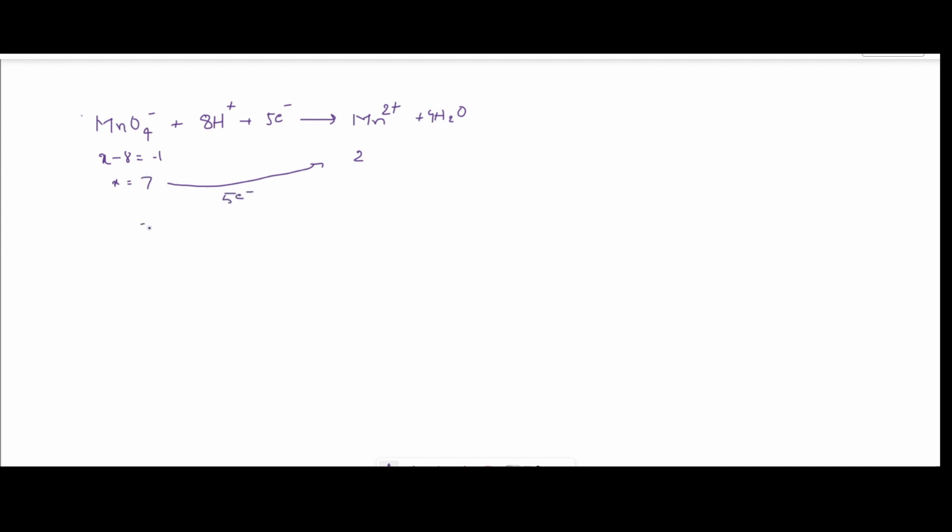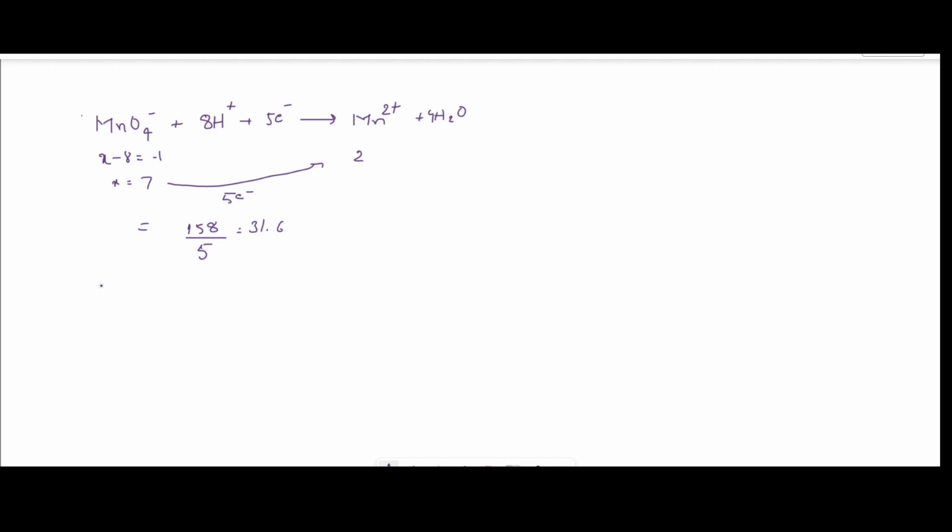So what is the equivalent mass of MnO4-? The molecular mass of permanganate, 158, divided by 5 is 31.6. Okay. In the same way, you can calculate for dichromate also: molecular mass of dichromate divided by 6.